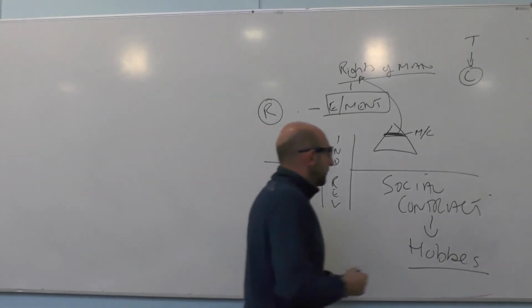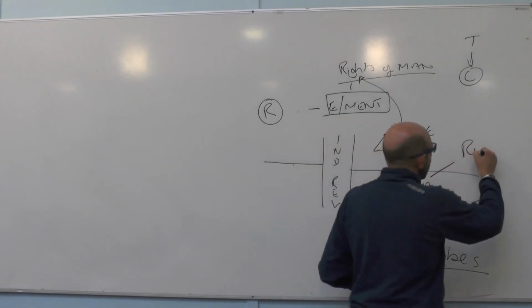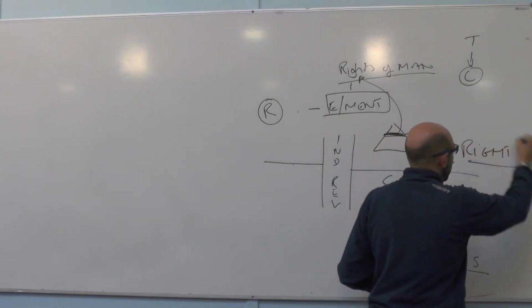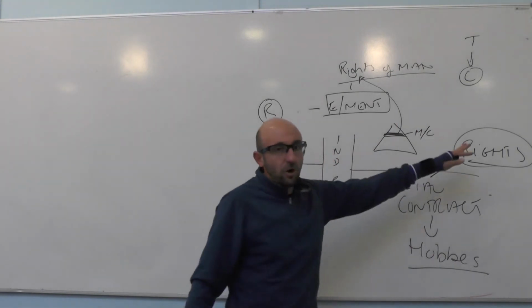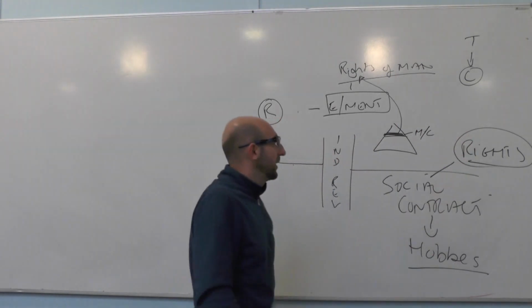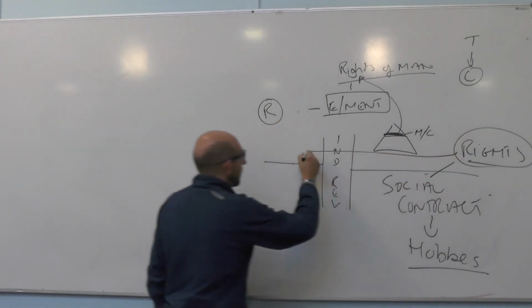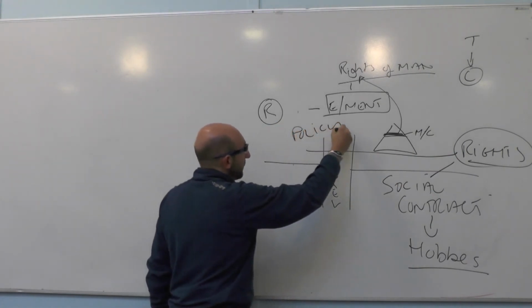Okay? So from this then, we come back to this notion again, rights. Okay? And this notion of rights was firmly embedded in the policy that came from classicism.